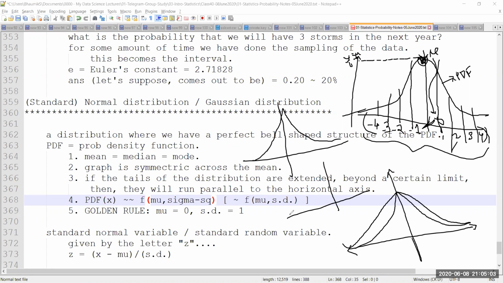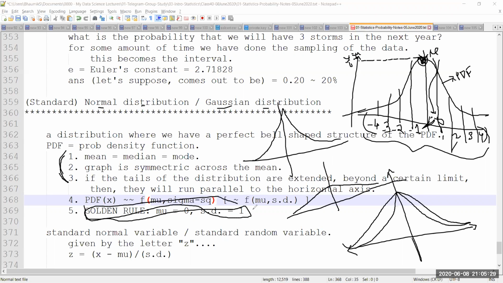There will be cases where people will define a normal distribution as something like this because it is horizontal. It is at least meeting some of the criteria. Some of the criteria are met, 1, 2, 3 are met. But that does not mean that it is really a normal distribution. If it is a standard normal or a standard Gaussian distribution, this rule must always be followed, the golden rule. The golden rule must exist.